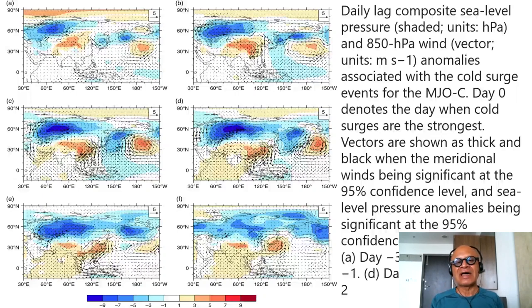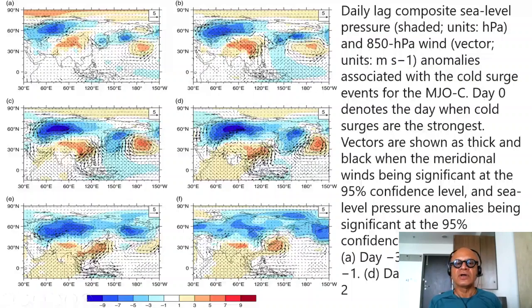We have already implied this with this kind of a figure we looked at before, where we said the winter surges, the so-called surges during winter, are related to this blocking pattern. So here we are looking at the MJOs that cross the maritime continent and the MJOs that do not cross the maritime continent.